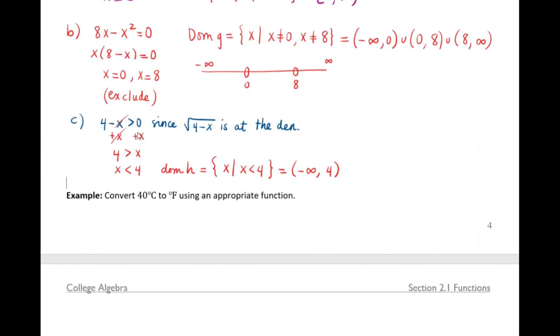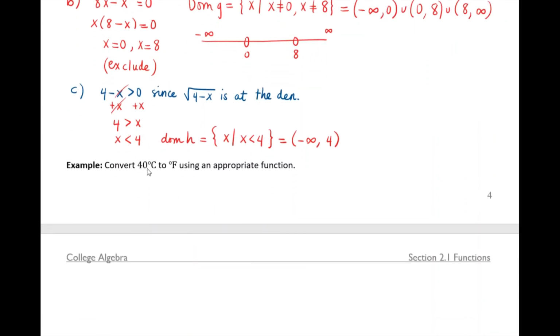I mean, the last problem is to convert 40 degrees Celsius to degrees Fahrenheit, using an appropriate function. You can write f of c equals, as it was given, 9 over 5 times c plus 32.